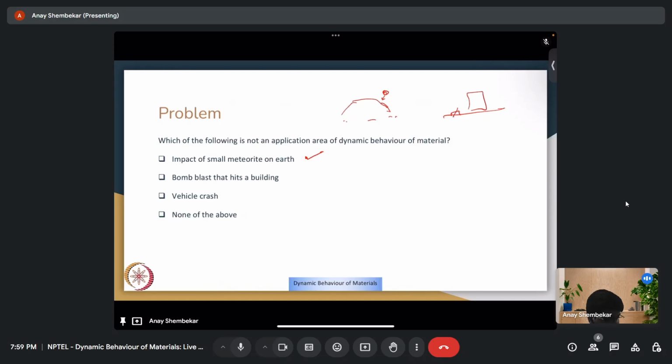Some detonation happens, a shockwave goes through the ground as well as through the air, and then it hits the building. That is another dynamic deformation. As I mentioned, vehicle crash is also one. So as you start looking more and more into your everyday life, you should be able to see a lot of applications.